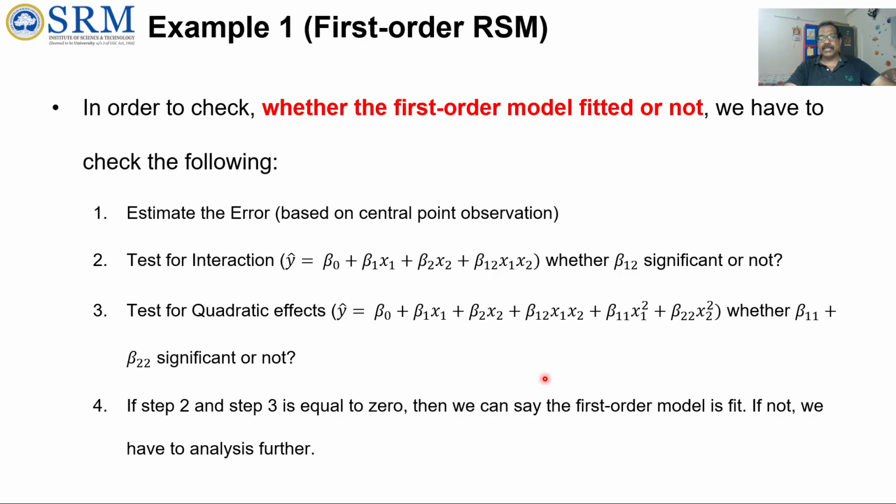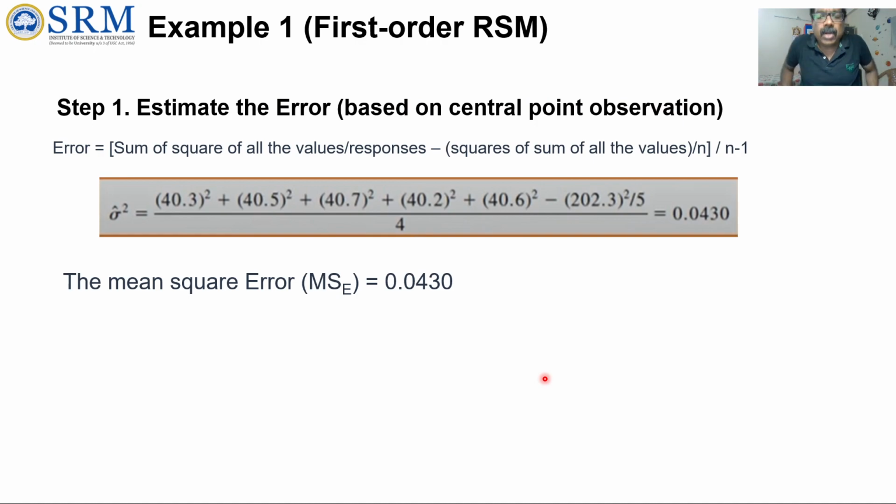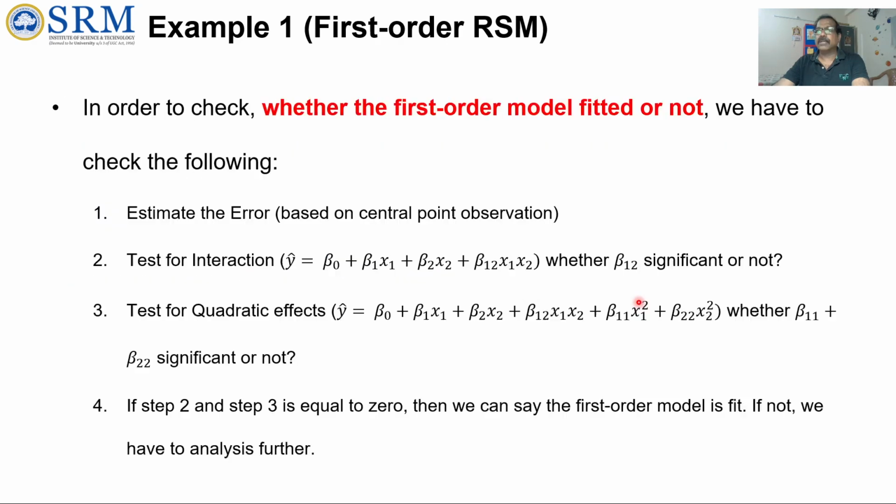Then how to estimate the error term based on the center point observation. Here the error equals the sum of squares of all the response values minus the square of the sum of all the values. Here we have 5 values, 1, 2, 3, 4, 5.